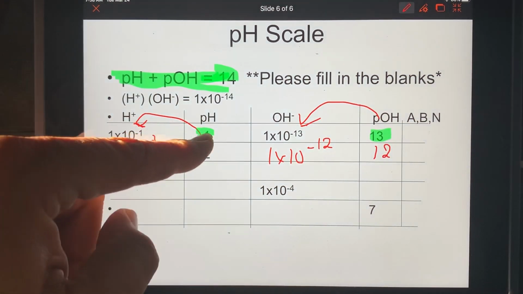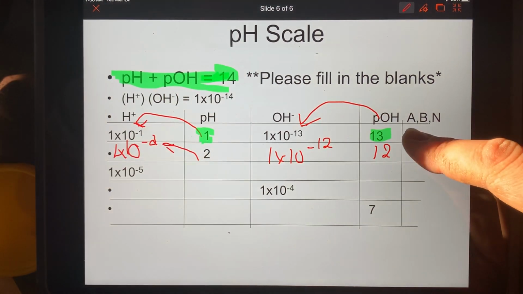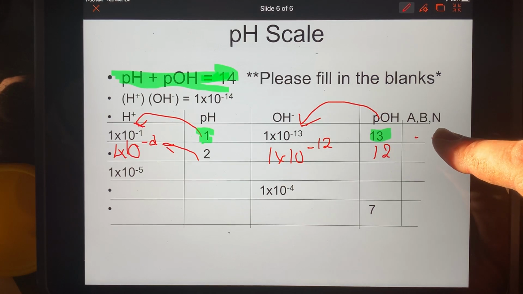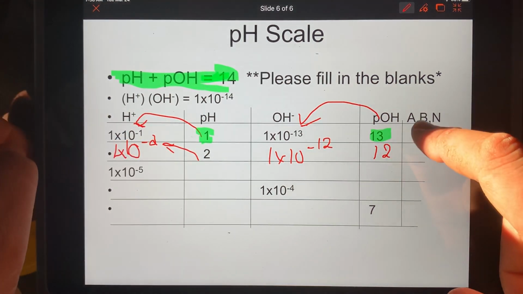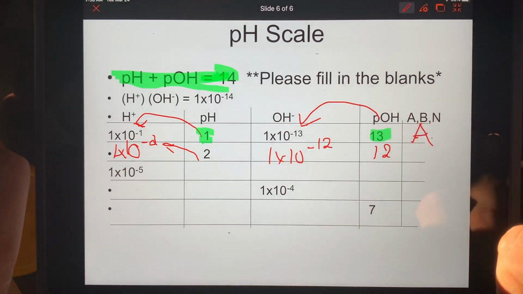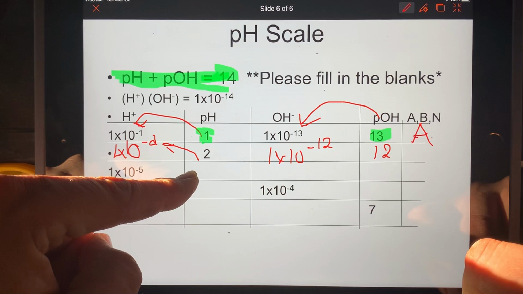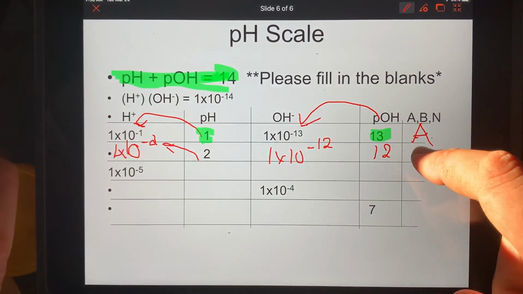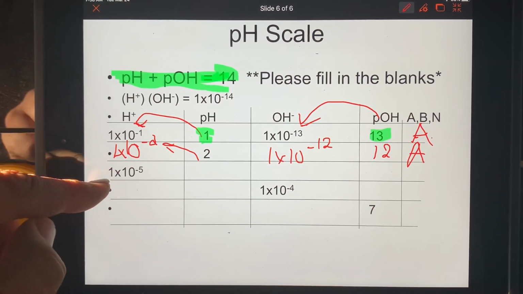Now, my pH is what determines whether a substance is an acid, base, or neutral. If my pH is under 7, we learned that that is an acid. What's my pH here? 2. Is that under 7? Yes, it is. Acid.